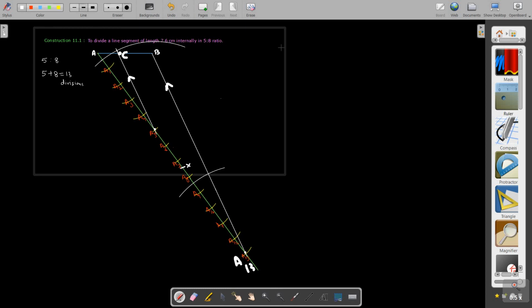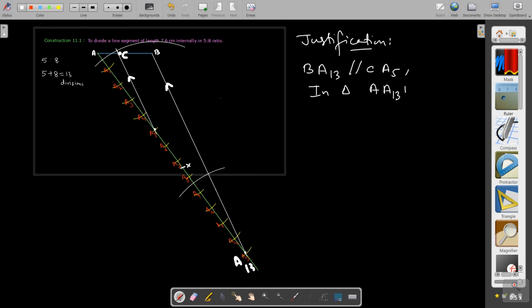How do we do the justification? By construction, we have BA13 parallel to CA5. Then in triangle AA13B, we will apply the basic proportionality theorem. By the basic proportionality theorem, if a line is parallel to one side, then the other two sides are divided in the same ratio.